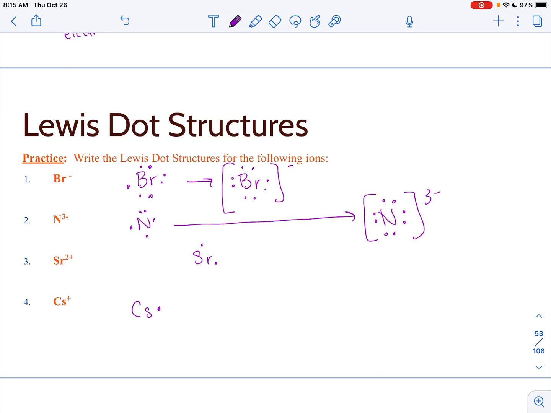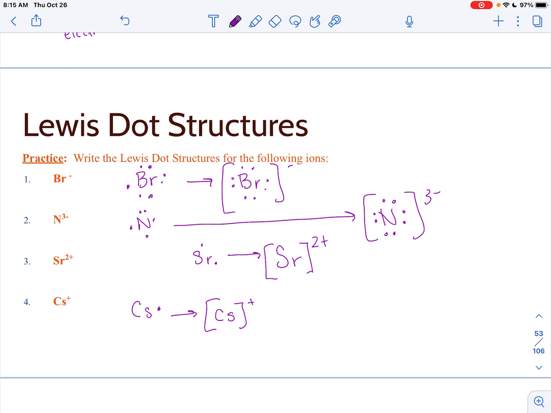For Sr, we start with 2, and it's 2 plus, so we're going to remove the 2. And then Cs, we start with 1, and it's 1 plus, so we're going to remove the 1.